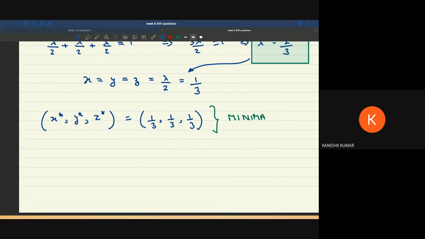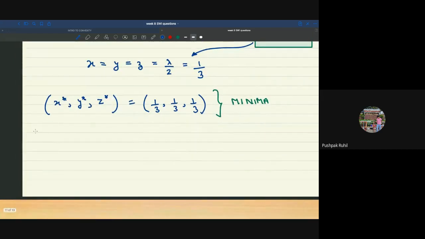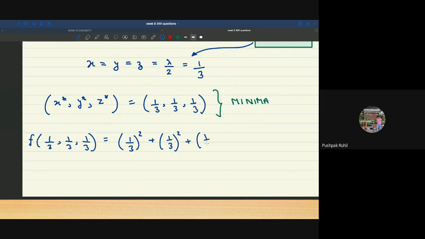Can anyone tell me how to get the minimum value out of this point? Yeah, put these values in the objective function. Okay, correct. So that's what we're gonna do now. It was not mentioned, but let's just do it. So f of 1 by 3, 1 by 3, and 1 by 3. If you remember, the function was x squared plus y squared plus z squared. So it would be 1 by 3 squared plus the same for y and z, which is 3 into 1 by 9, equal to 1 by 3.